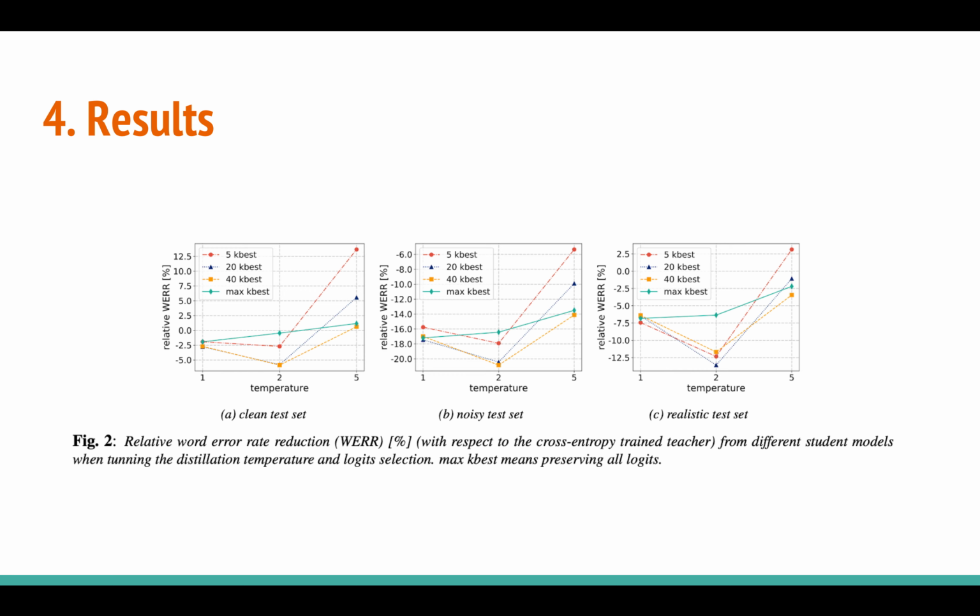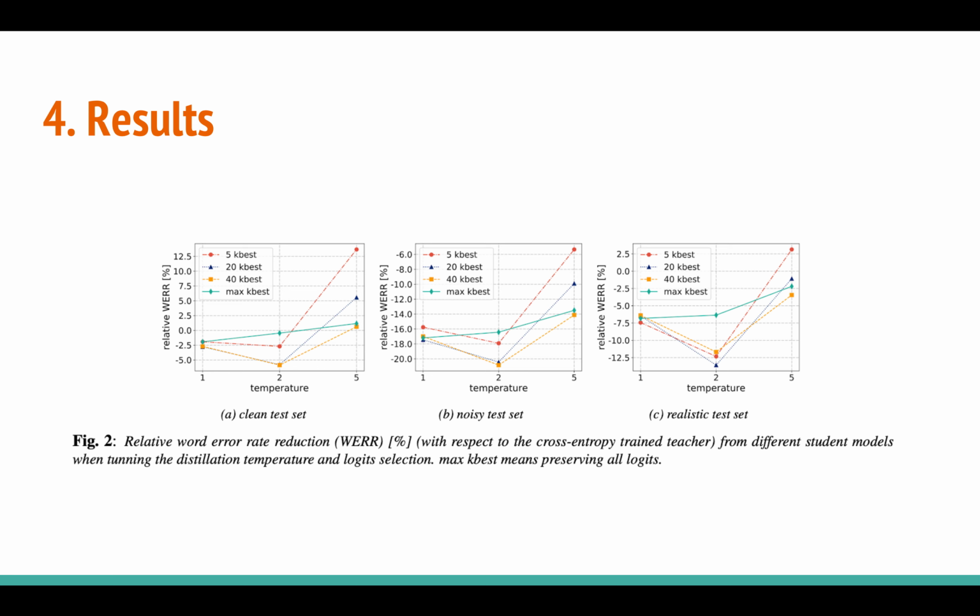This is one result, and they have a second result where they are finding the relative error rate reduction using Logit selection techniques. Here 5, 20, 40 are the maximum number of Logits they are going to select. They are also plotting the error rate reductions with respect to temperatures 1, 2 and 5.